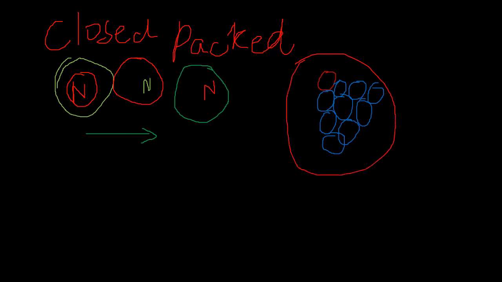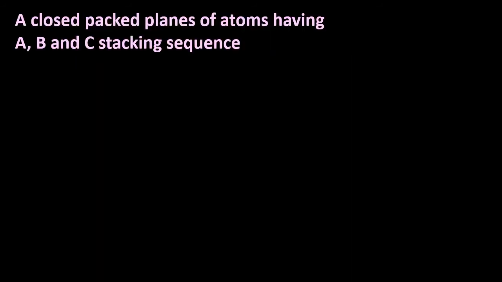Atoms are attached with each other in a certain sequence. Now we will discuss the different stacking sequences in which these close packed planes are attached with one another. Close packed planes of atoms having the A, B, C stacking sequence.